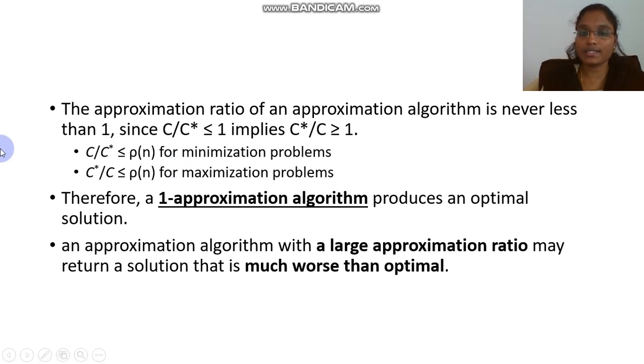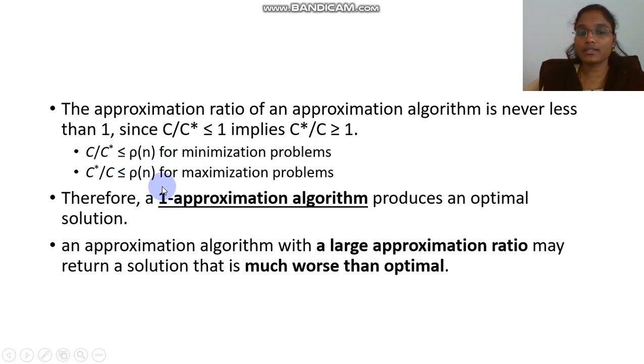Then 200 divided by 180 is greater than or equal to 1. So for maximization problems, C star divided by C should be less than or equal to rho of n, and for minimization problems, C by C star should be less than or equal to rho of n.